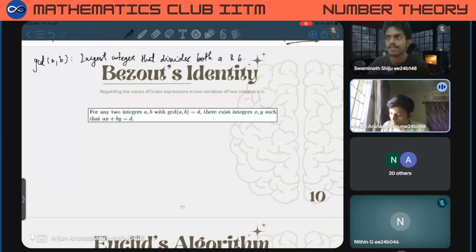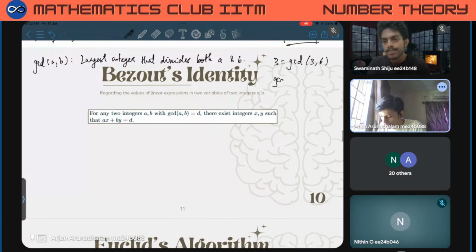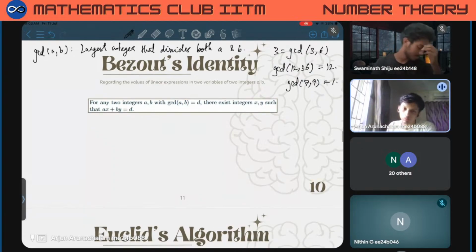So for example, GCD of 3 and 6 will be 3, and GCD of, let's say, 12 and 36 will be 12, and GCD of 7 and 9 will be 1, because 1 is the largest integer that divides 7 and 9. So 2, 3, 4, and so on, they don't divide both the numbers.